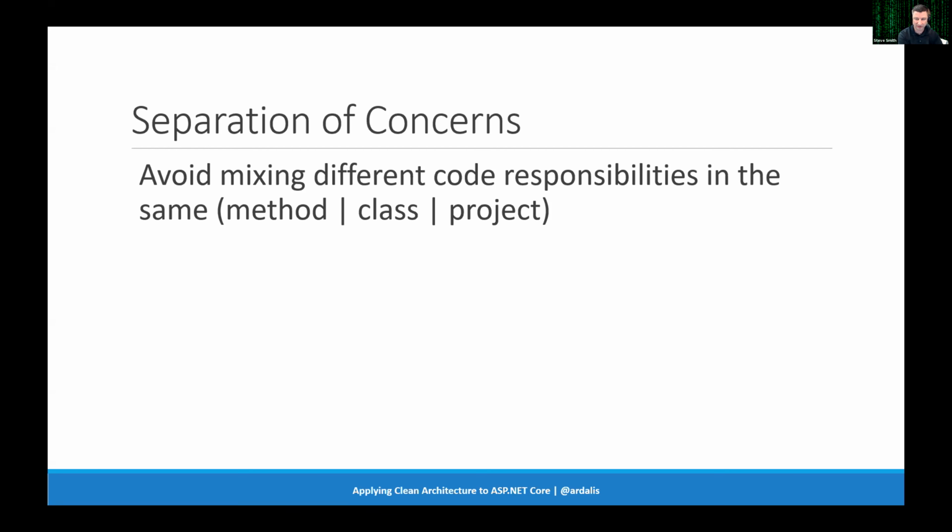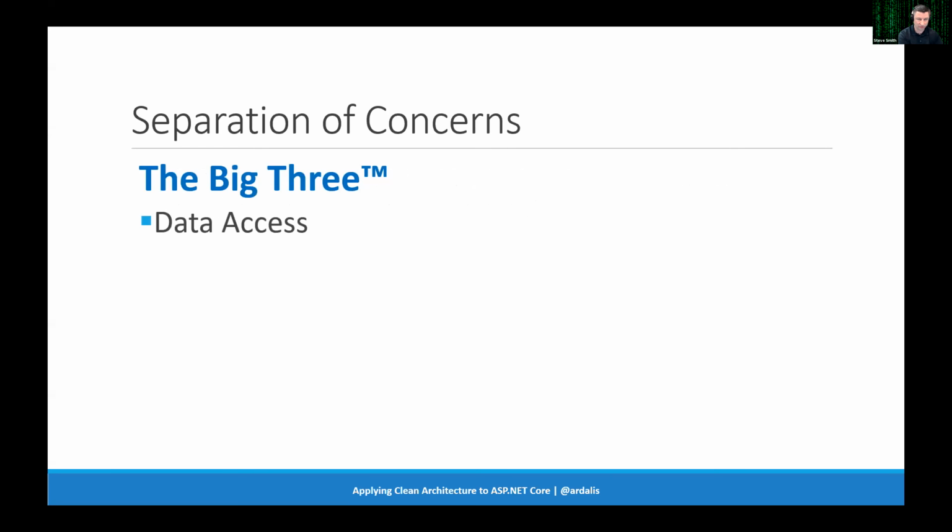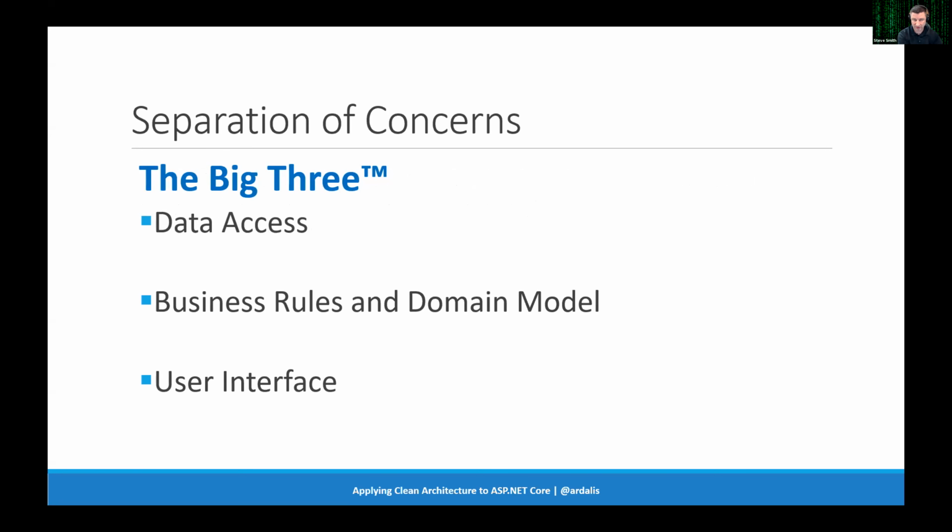But the big three that you typically think of are going to be your data access, your business rules, or if you're doing domain-driven design, that's going to be your domain model, and your user interface. So the minimum breakdown that most folks start with when they're thinking about separation of concerns and how to break apart their architecture is going to be at least these three and sometimes more.